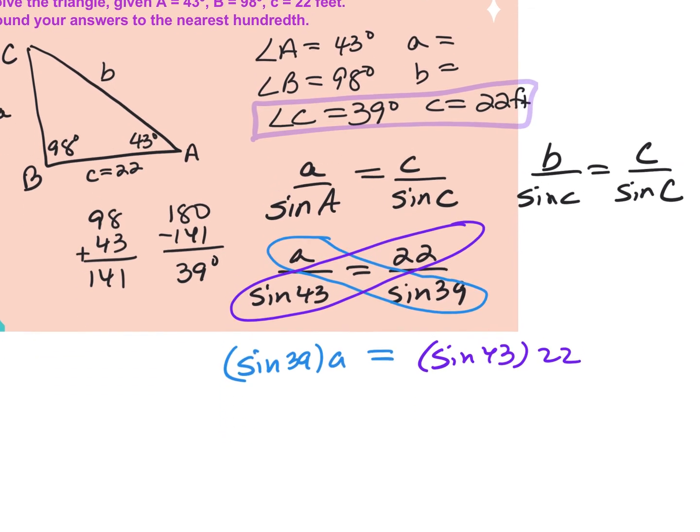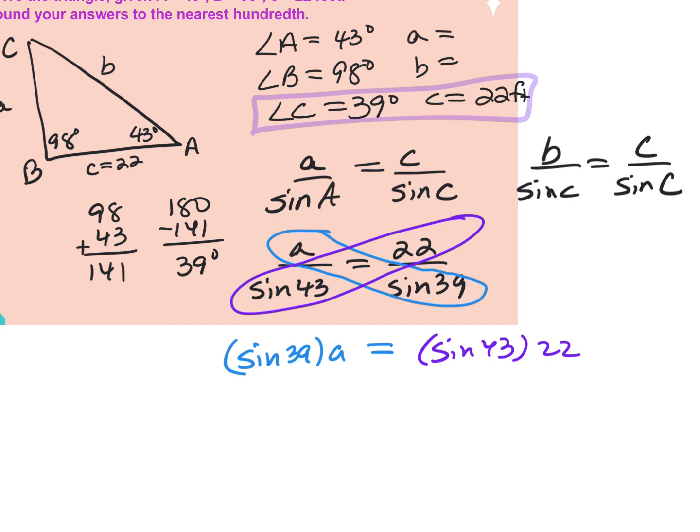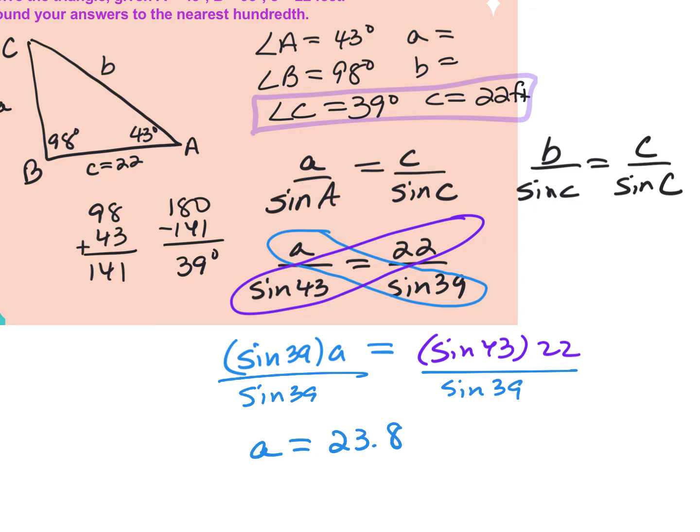Remember, multiplication is commutative. Now I just have to divide both sides by the sine of 39. Once I multiply and divide, that gives me the measure of side A, 23.84 feet. So that's side A.